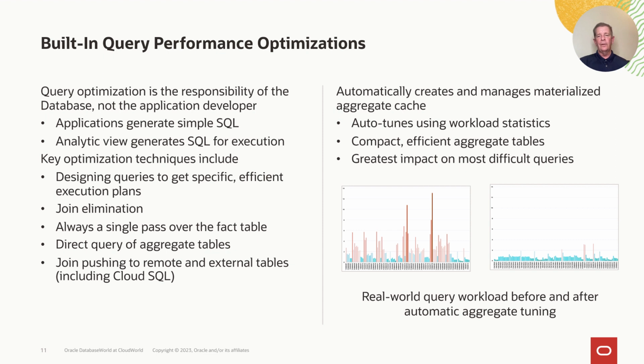These charts are from some real world performance tests. On the left is before using materialized cache, and on the right is after. The thing about query patterns is that the queries that tend to be most difficult, use the most CPU, and take the longest period of time are queries that tend to be high in hierarchies, because those queries tend to aggregate the most data out of the fact tables.